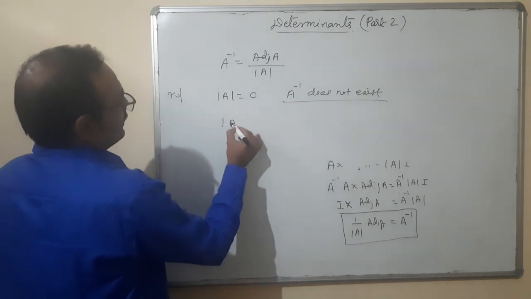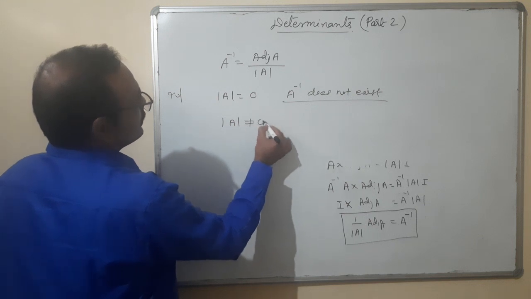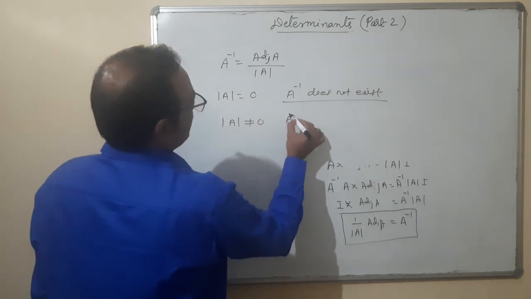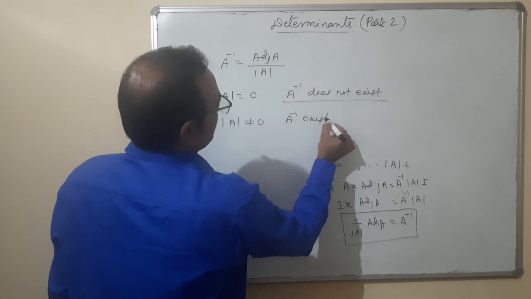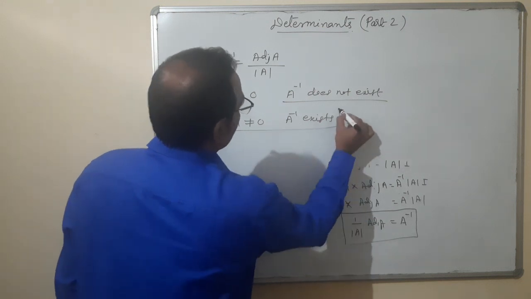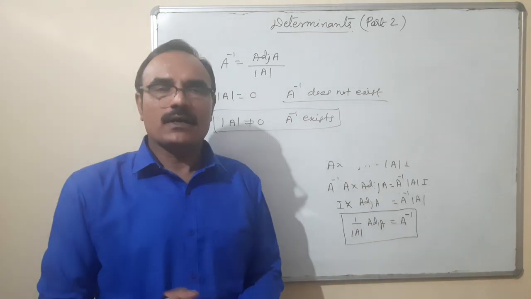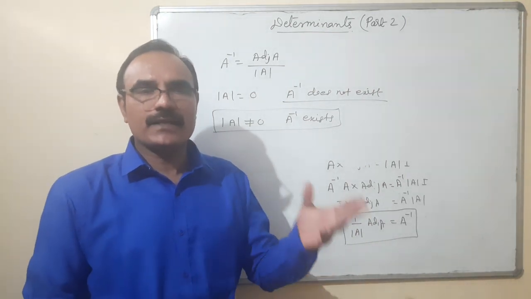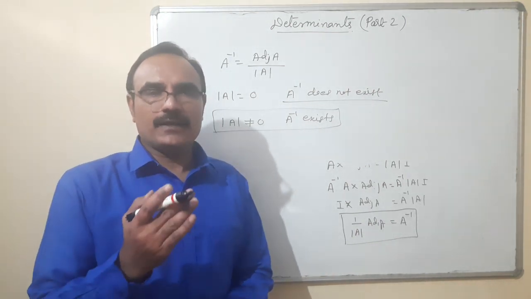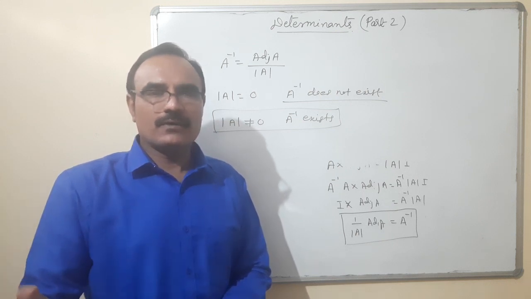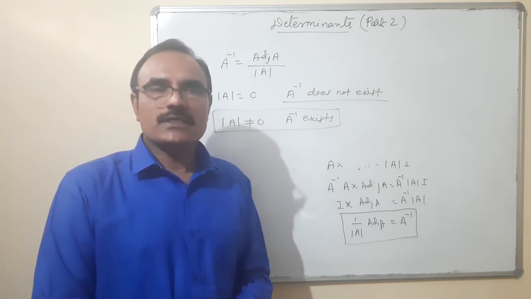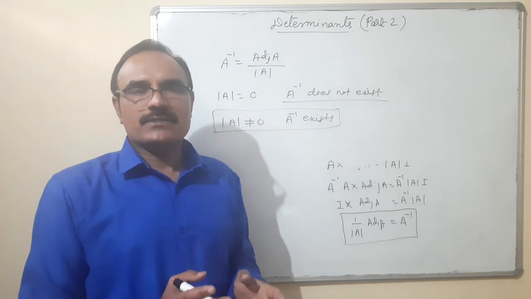And if determinant value of A is not equal to 0, that means A inverse exists. So remember these two things also. Before finding the inverse of any matrix, first of all we have to find its determinant value. If it is coming equal to 0, that means inverse does not exist, otherwise inverse exists.